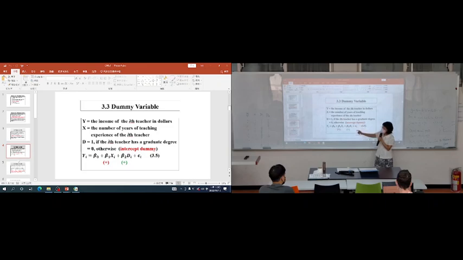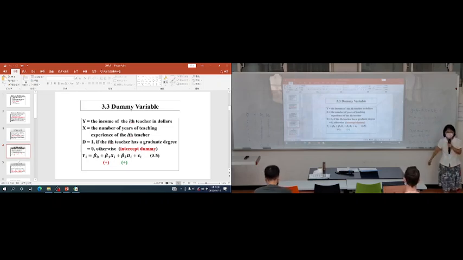And we'll learn this in a later chapter, which is more complicated. Now we just bring this dummy variable in as one of the variables in the equation only. At the end of this semester, we will introduce this D in combination with other quantitative variables, which brings up more variety of the situations in reality.